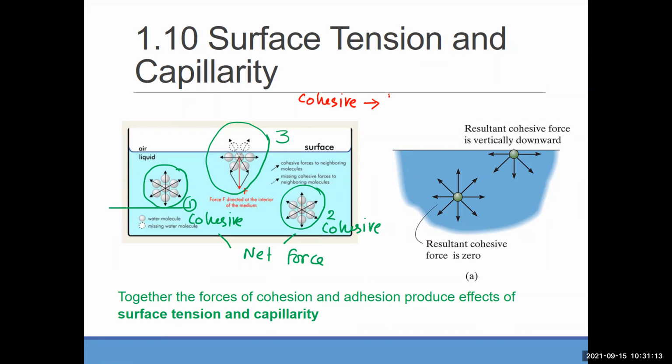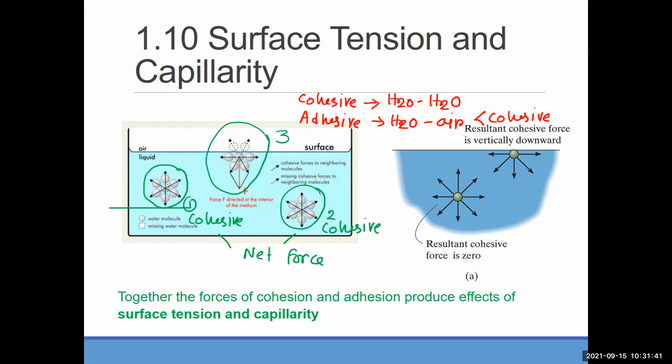We have cohesive, right? Bonding between H2O, H2O particles. And do we have the adhesive force here also? In between H2O and air, right? And obviously that adhesive force is less than the cohesive force they are experiencing.